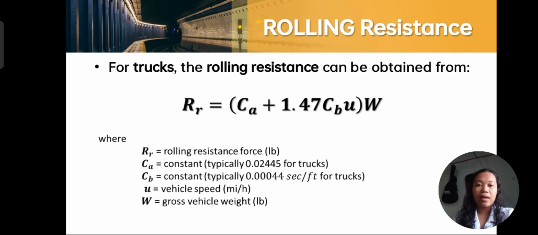The C sub A is also a constant, which for trucks is typically 0.02445, and C sub B is also a constant, 0.00044 for trucks, and U is also the vehicle speed, and W is the gross vehicle weight.